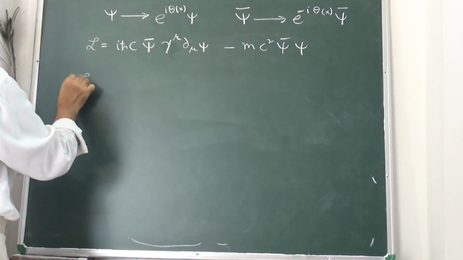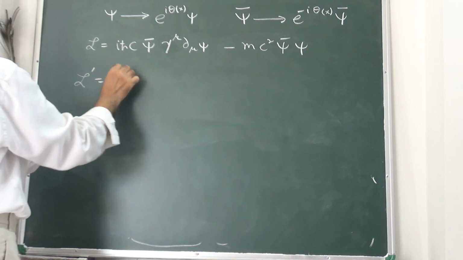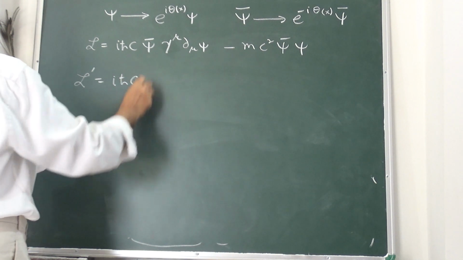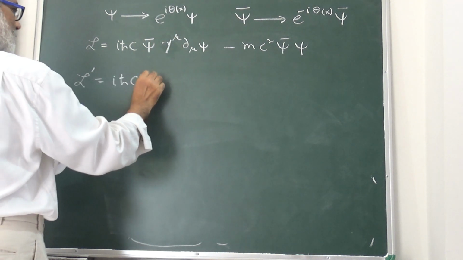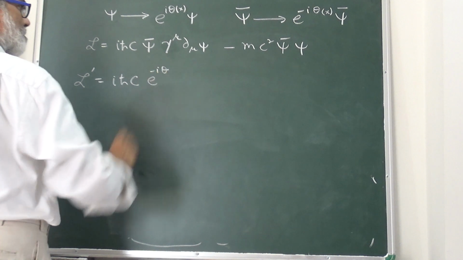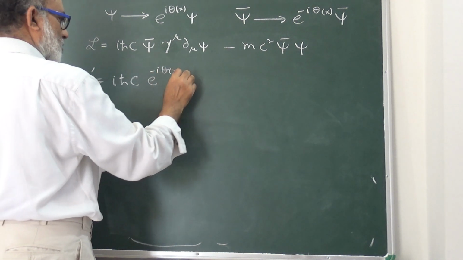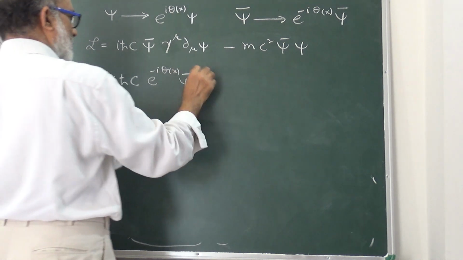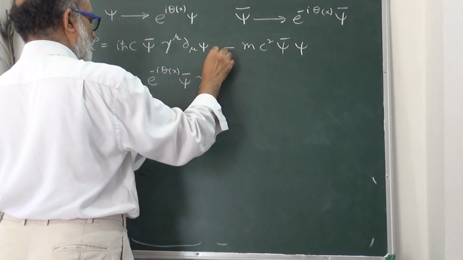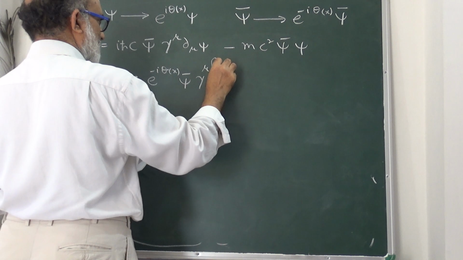So the new Lagrangian will be i ħ c, instead of this it will be i theta, it depends upon x also, and gamma mu, and this.